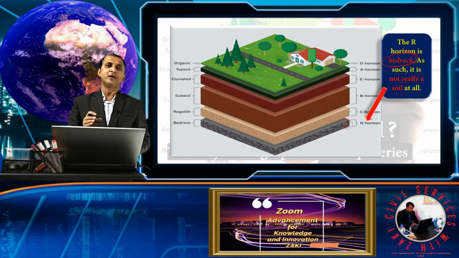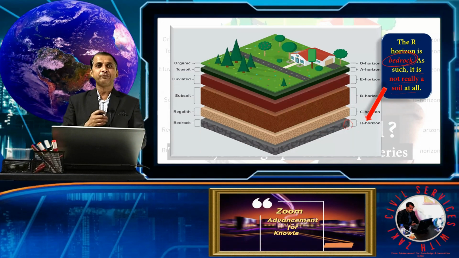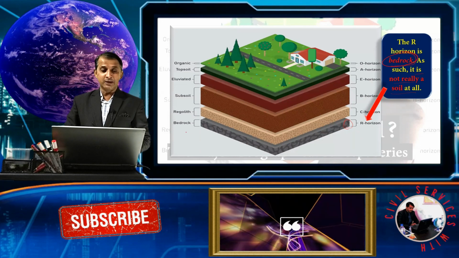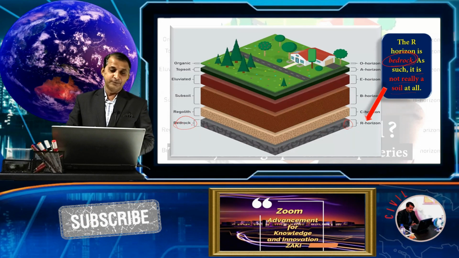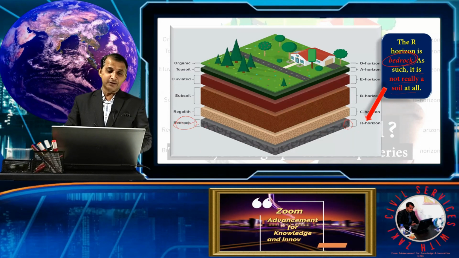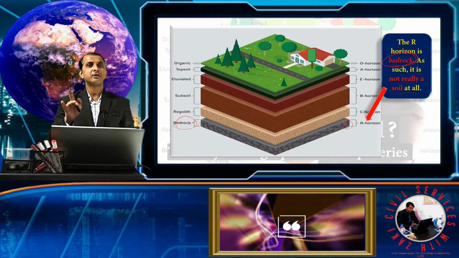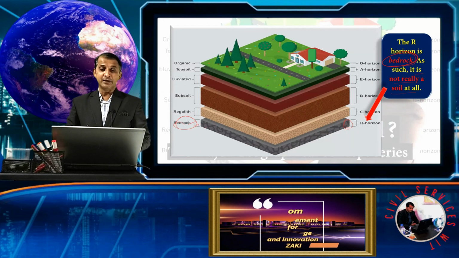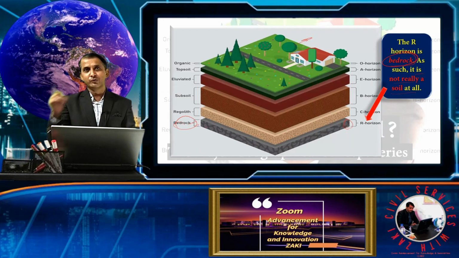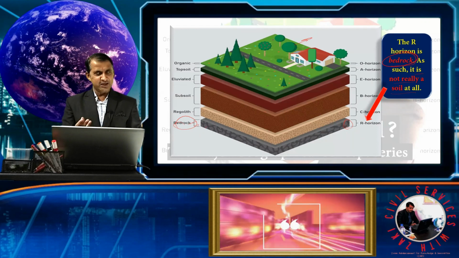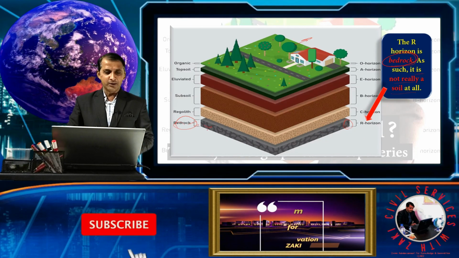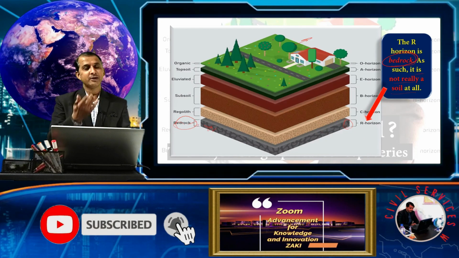Bedrock is not considered soil. Another layer, the litter layer at the uppermost level, is also not considered soil, because it contains some organic matter, while the rock has none.